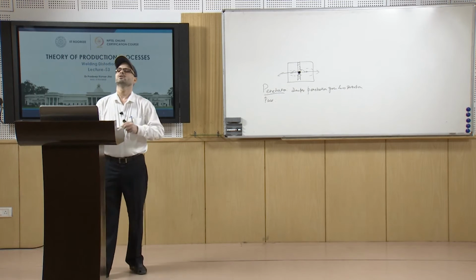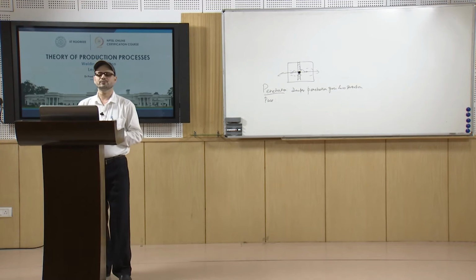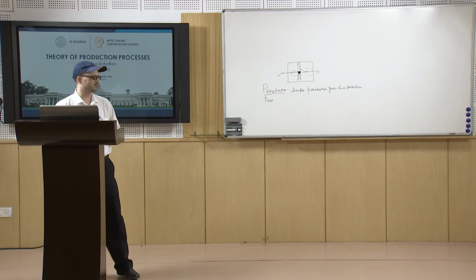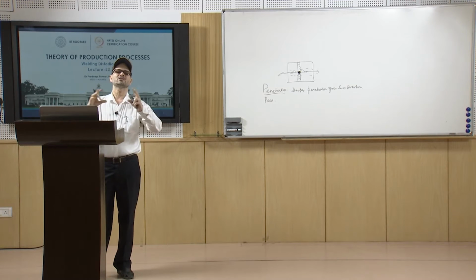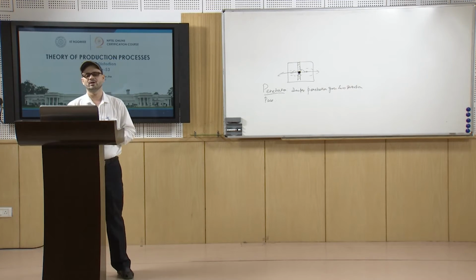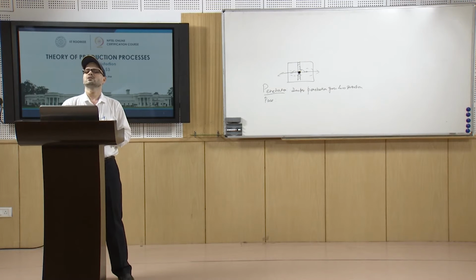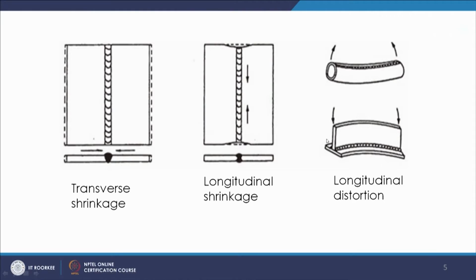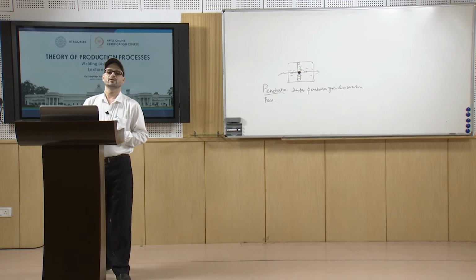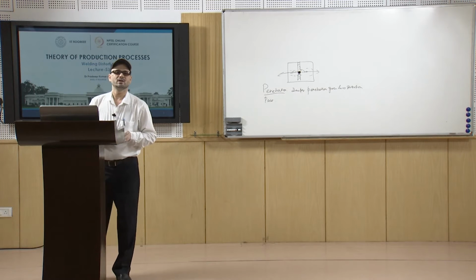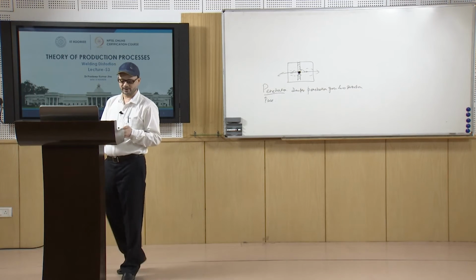In this case, the weld line will not coincide with the neutral axis of the welded structure. If it does not coincide with this neutral axis, then we say it is a case of longitudinal bending. So, it may be bowing or twisting. You can see it is bowing or bending.